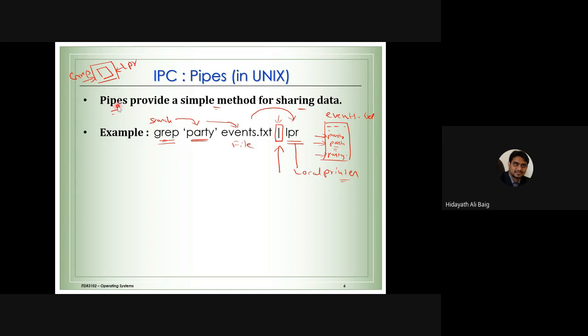That is what the first line says: pipes provide a simple method for sharing the data. How it executes, I explained with the help of this picture. Hope you understand how grep works. It searches some information from the file, and it's going to print onto the printer. So these two commands are combined with the help of the pipe sign, for the sharing of the data.